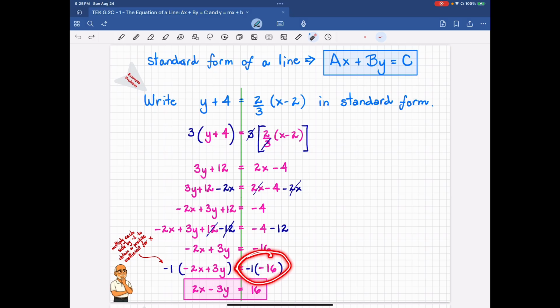A negative times a negative is a positive. So this becomes a +16. The final answer for putting this into standard form would be 2x minus 3y is equal to 16. This right here is your standard form answer.